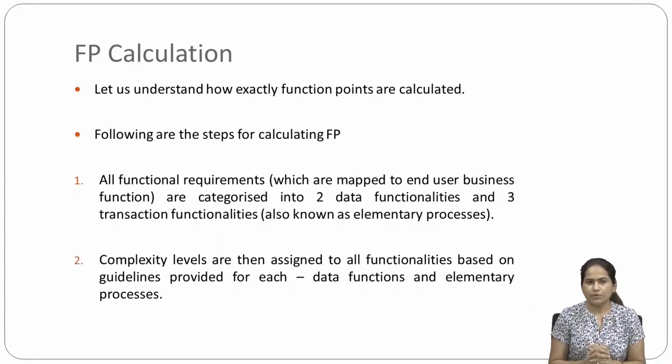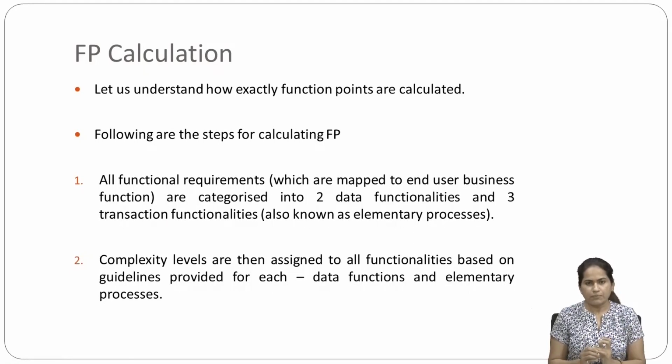When we are talking about function points, first we need to understand what a function point is, which we have already discussed. Now we will understand how exactly function points are calculated. Some steps are given for calculating FP.